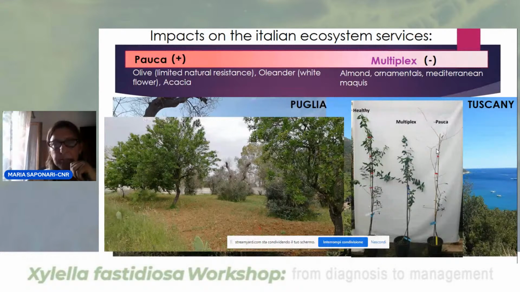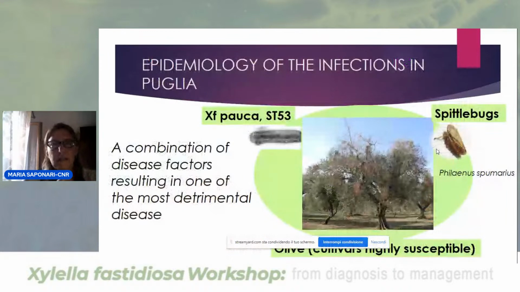And this is, to summarize, the key factor of the epidemic in olive. Actually, it is quite a simple pathosystem, because at the end we have only one strain of Xylella, belonging to subspecies pauca, and it is the sequence type 53. This is a genotype related to the coffee strain. And we have one predominant insect vector.